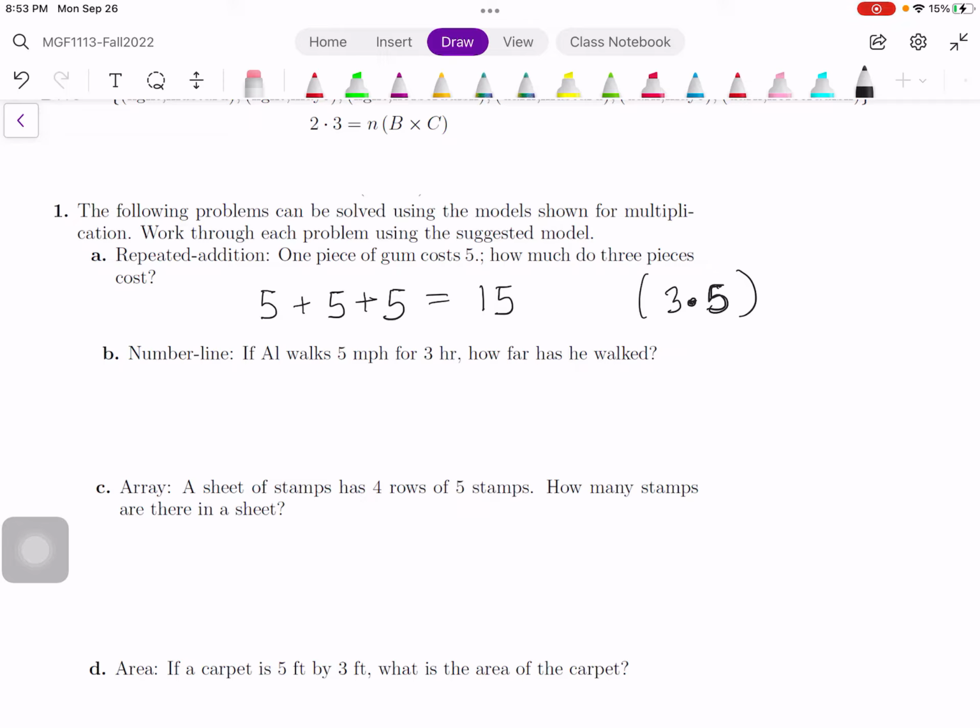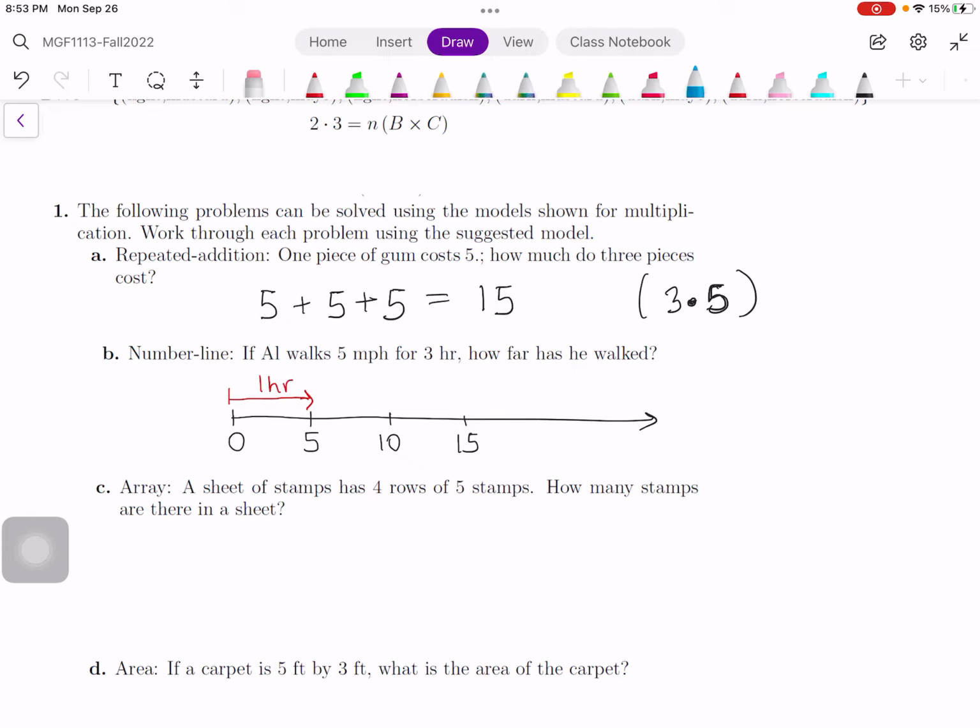If Al walks 5 miles for 3 hours, how far has he walked? I can represent that on the number line. So here's 0. Let's say here is 5, here is 10, and here is 15. So Al walks in the first hour 5 miles.